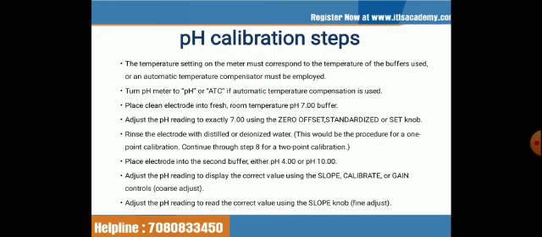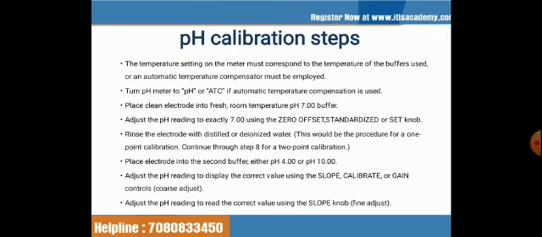Once your calibration steps have been accurately set, you have to take your sample. Once your pH meter is calibrated, you take the sample whose pH you want to measure.